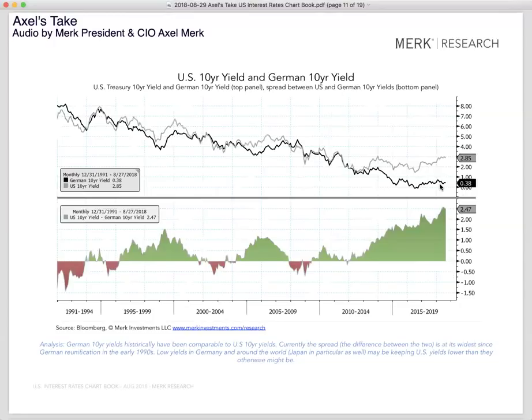In Germany, as of this chart on August 27, the 10-year yield in Germany is 0.38%. And so the gap, and the bottom panel here has the gap between the US and the German rates, is as high as this chart goes back to the early 90s, and that's very noteworthy.